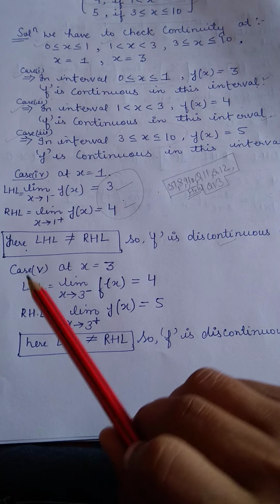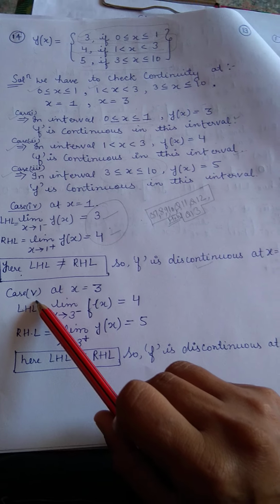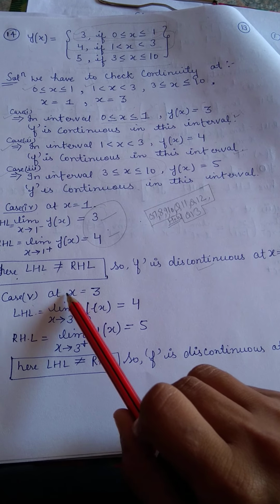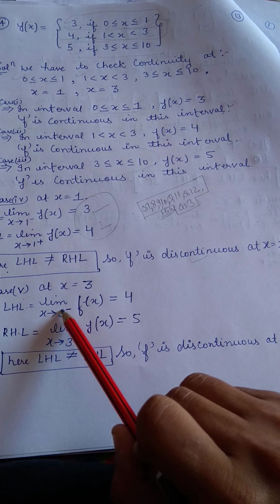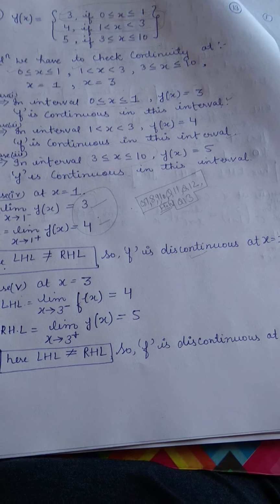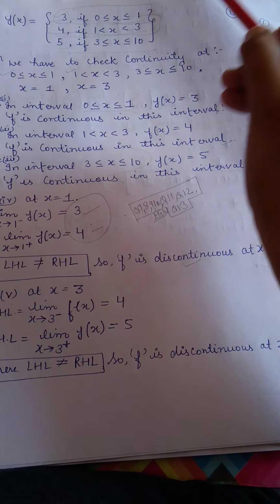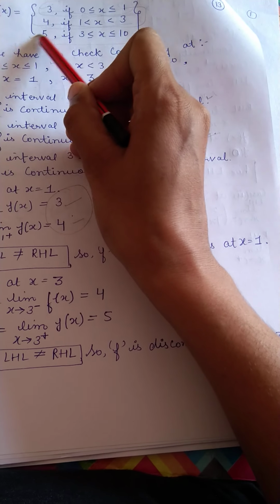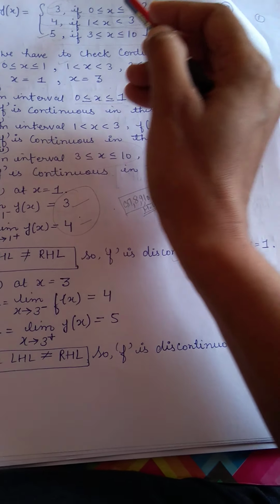Now बच्चे, this is your fifth case. At x equal to 3, LHL is equal to limit x tends to 3 negative of f(x). In the same way, approaching towards x less than 3, the function is this.